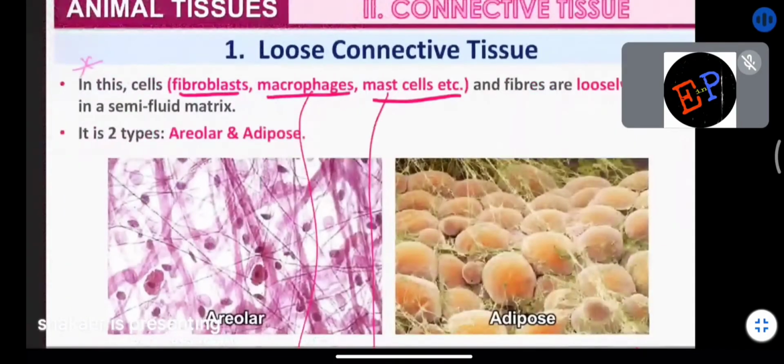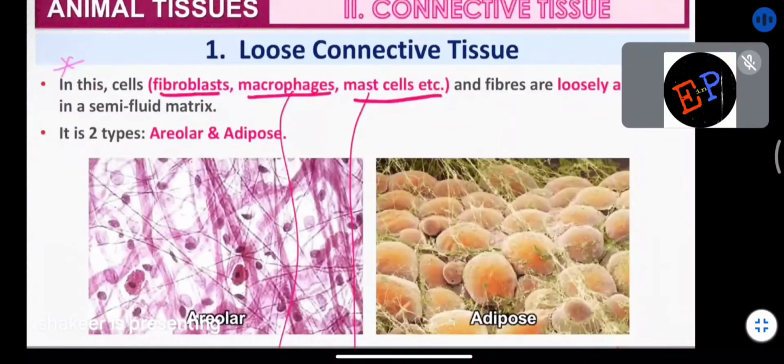So these fibers are loosely arranged in a semi-fluid matrix. What is meant by semi-fluid matrix? The material present in the gaps between the cells is called the intercellular matrix. And here the intercellular matrix is semi-fluid. It means it is neither solid nor liquid, it is in between. That is why it is called semi-fluid.